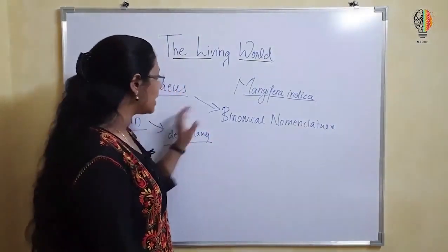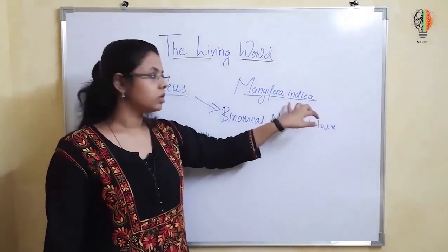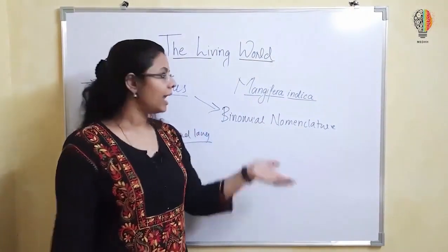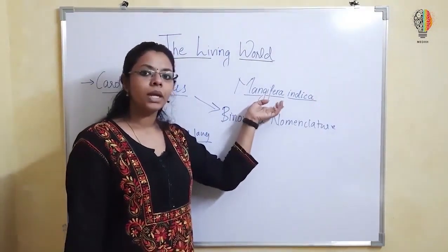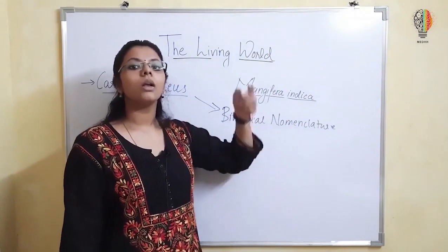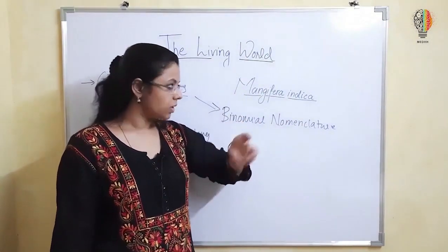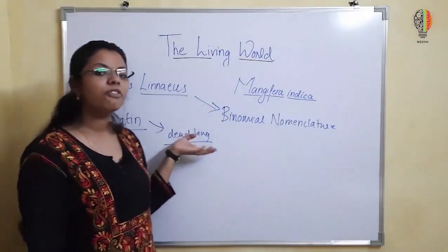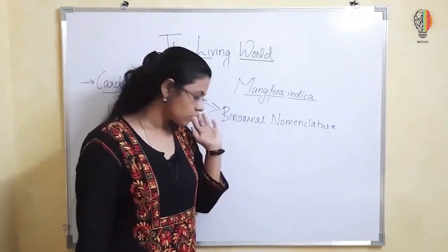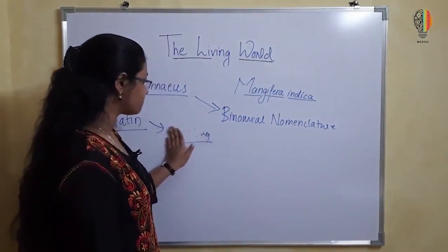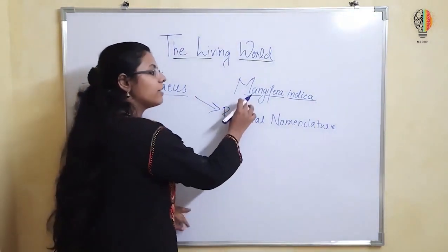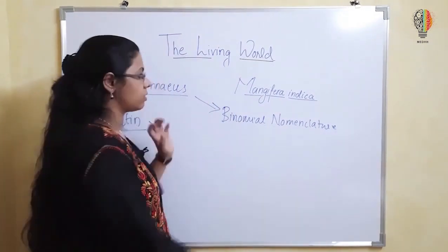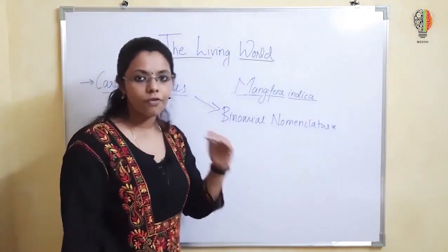Just imagine, I named this mango today, and suddenly some changes happen in the language, I'll again have to change the name of this mango. It will be a tedious process for the people who actually do this work. So we have chosen a language that won't be further modified, that is why we have chosen Latin as the language for giving scientific names to any flora or fauna.